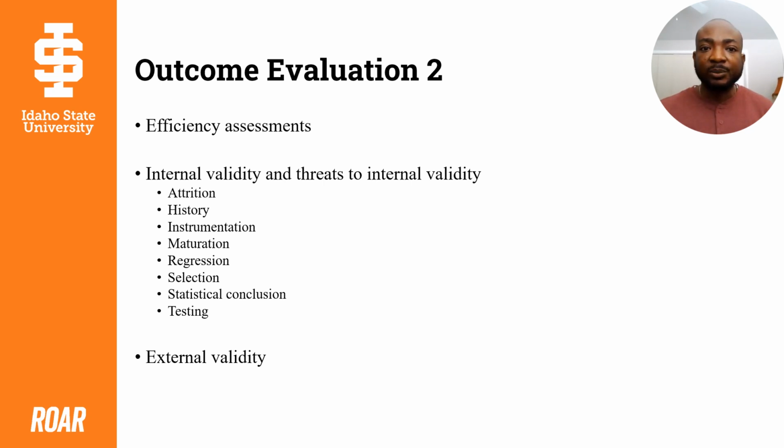Another threat is instrumentation: changes to the reliability and validity of measurement tools used to assess the effects of the program. Maturation too is another threat to validity. So changes in the study participants that are due to natural and physiological developments take place over time and are not necessarily caused by the program.